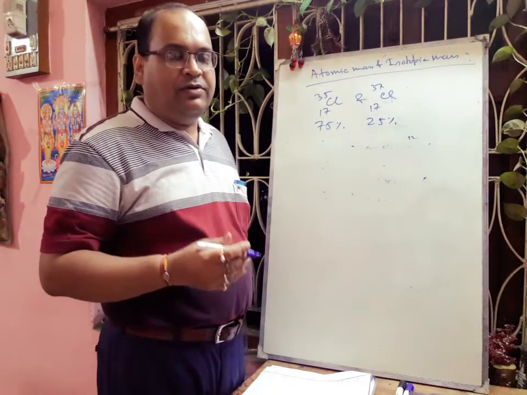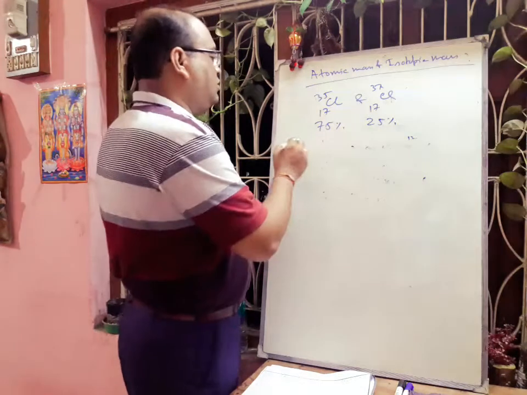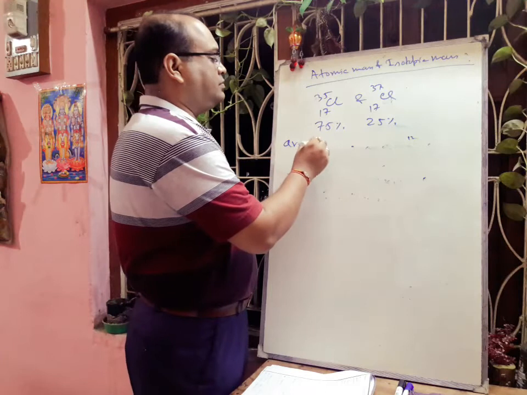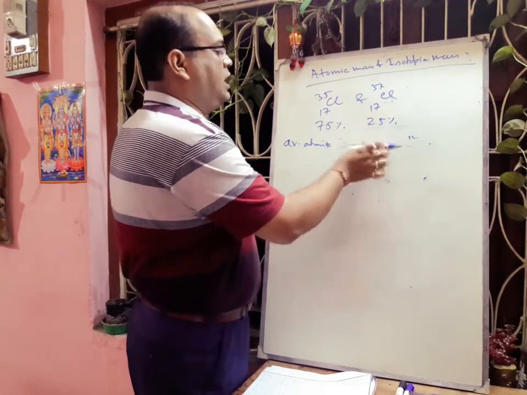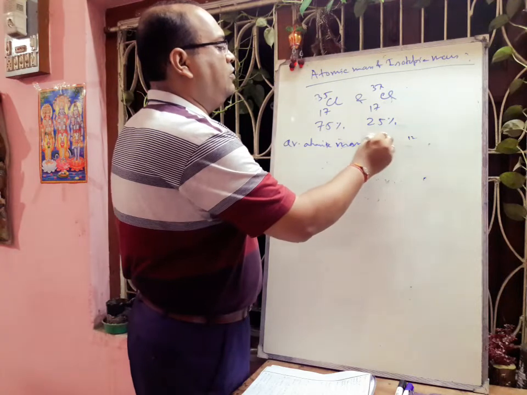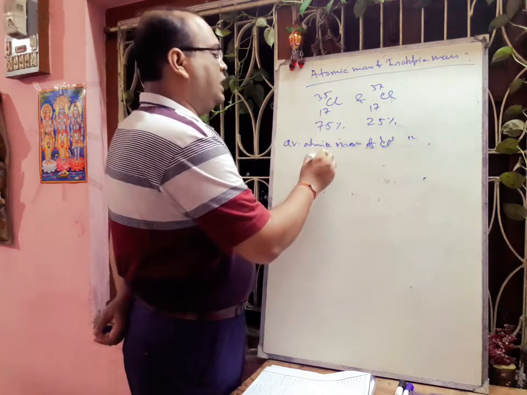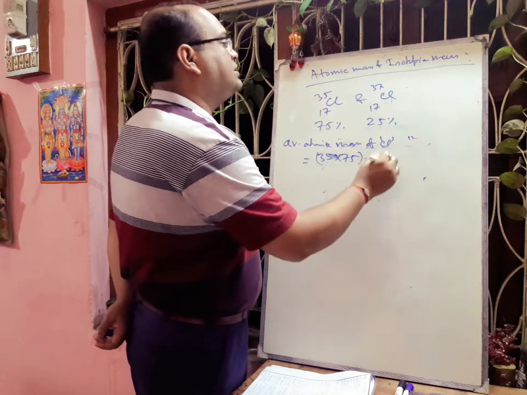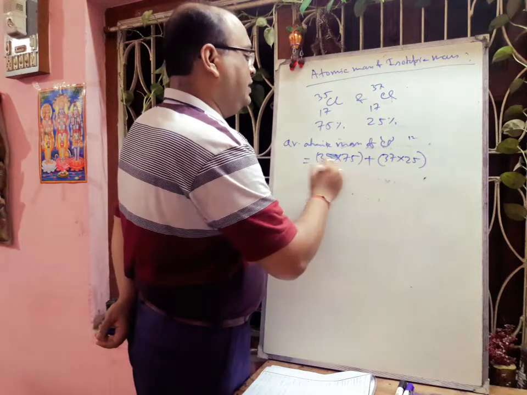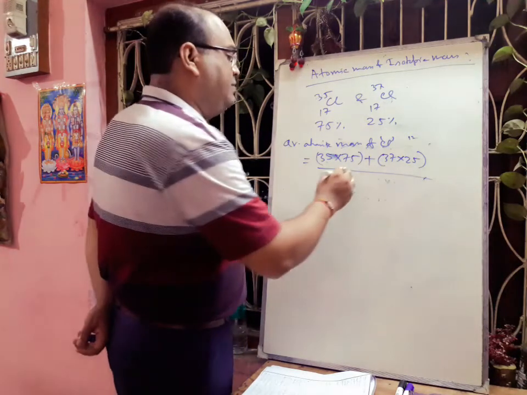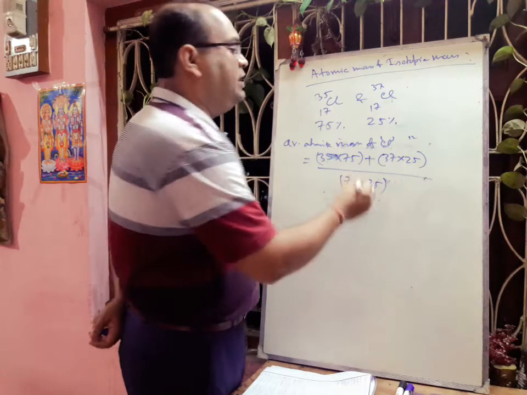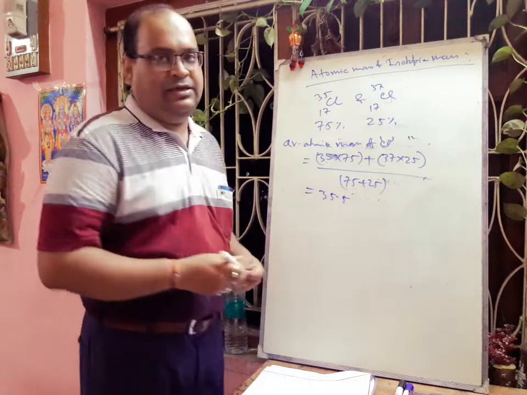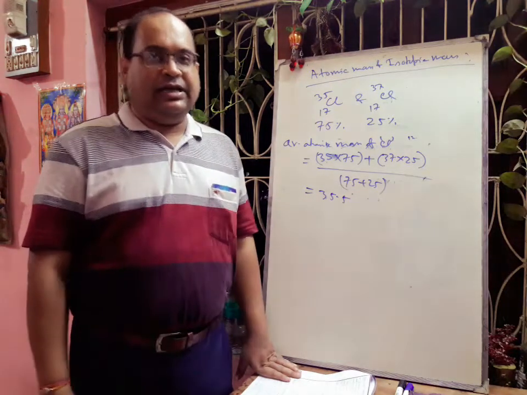So here we have to take the average. So what will be the atomic mass or average atomic mass of chlorine? It will be equal to 35 into 75 plus 37 into 25 divided by 100, that means 75 plus 25. If we calculate this, we will get the value 35.5, that is a fraction. So that is why we are getting fractions in case of atomic mass.